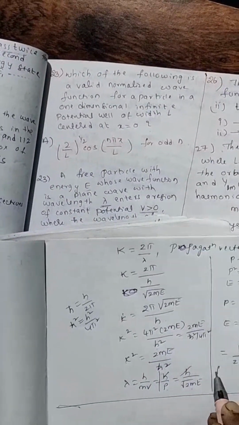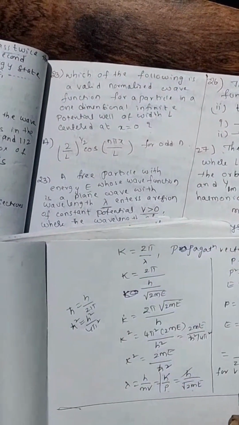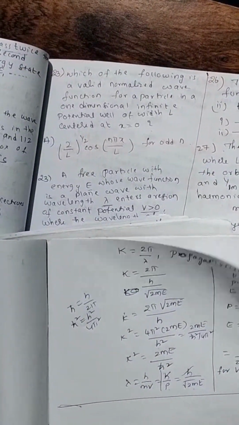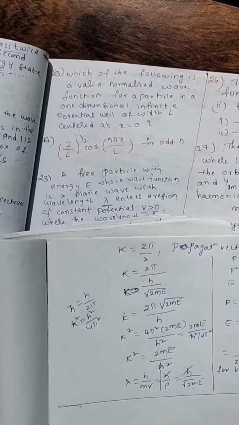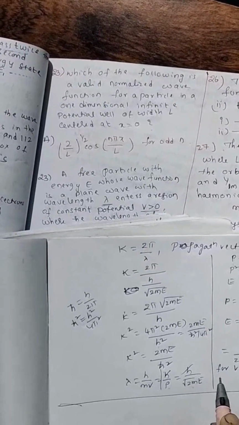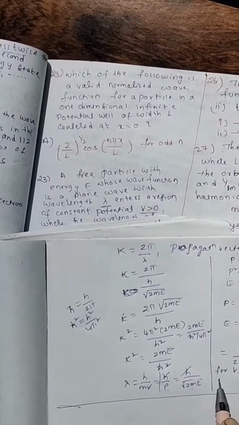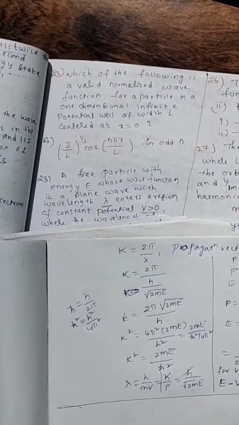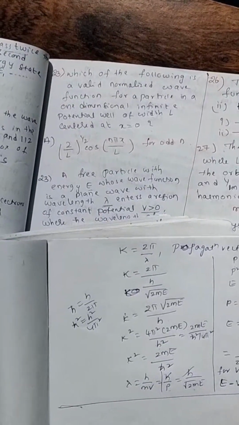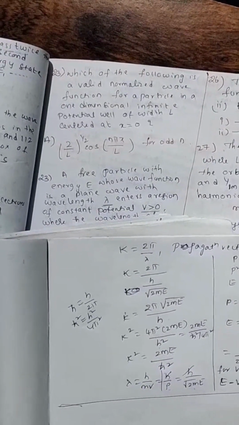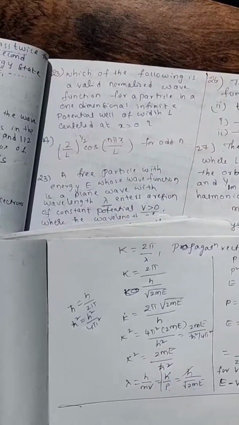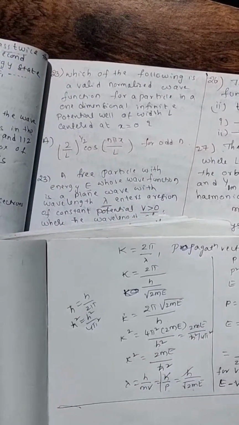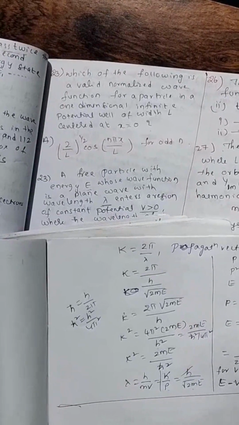Now again, for the region of V greater than 0, the wavelength is 2 lambda. Let us write for this condition: E minus V is equal to the same formula, but in place of lambda I write 2 lambda, so h square by 2m, 2 lambda square. But what is the value of E? It is h square by 2m lambda square.